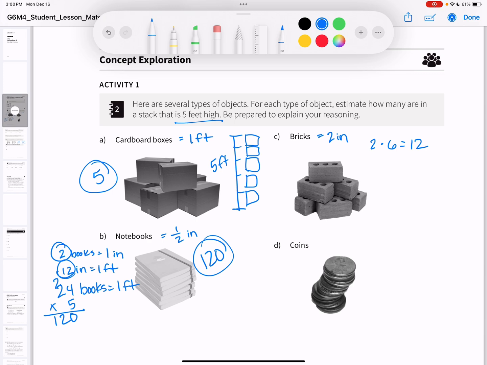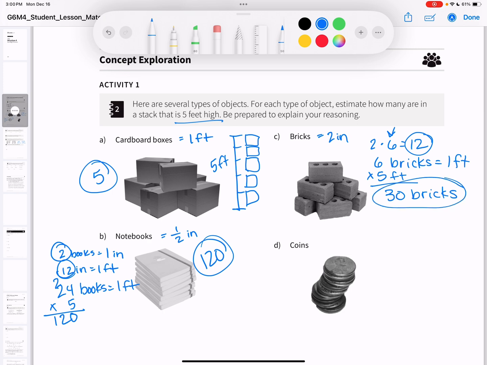That means there are 6 bricks, because if each brick is 2 inches, we need 6 bricks to equal 12 inches. So we have 6 bricks in 1 foot. Then we have to multiply that by 5 because we need 5 feet, and that gets us 30 bricks. We have 30 bricks in 5 feet.